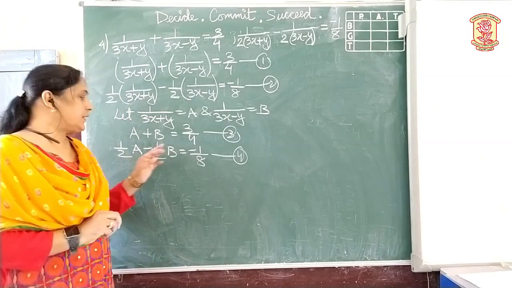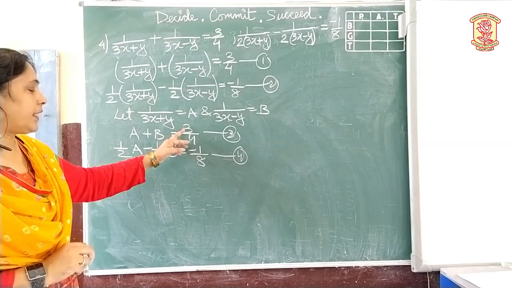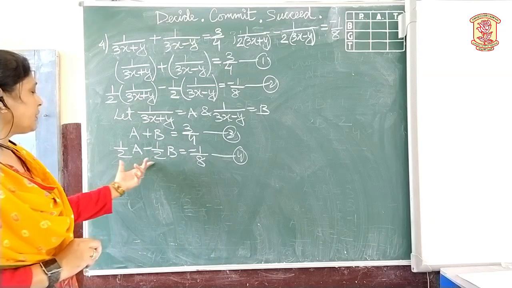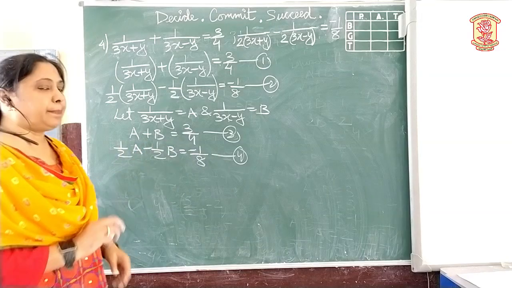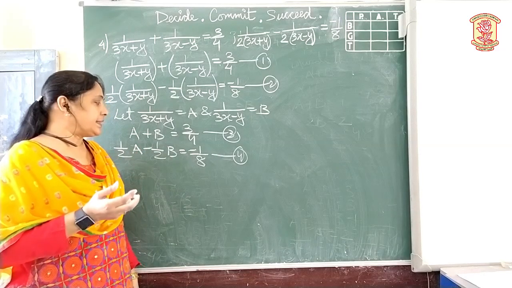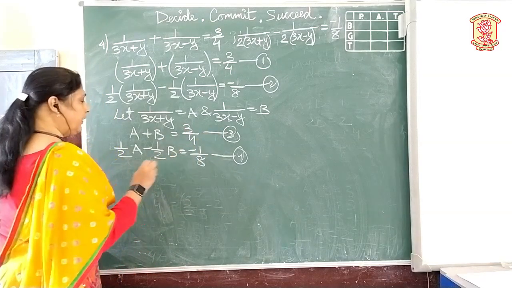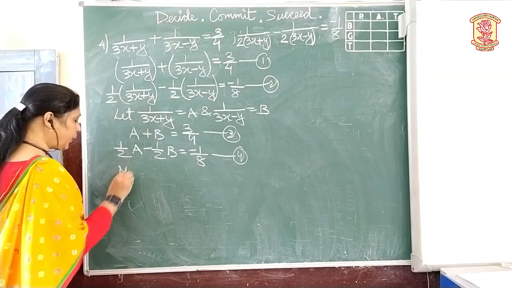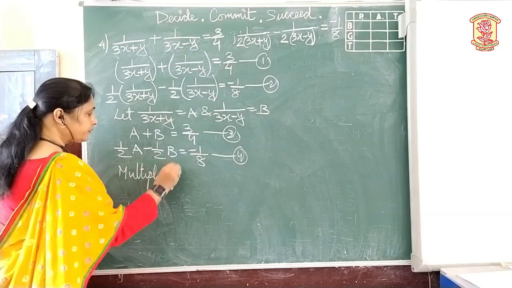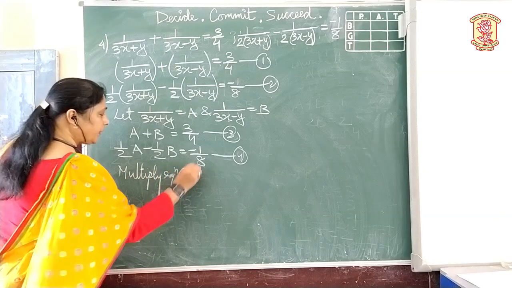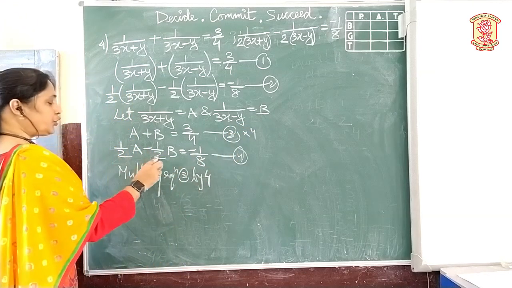Now here if you observe, we are getting the numbers on the right side in fractions, and so also here in the fourth equation. So what we'll do is multiply the equation by the LCM so that we convert it into a whole number. The third one we will multiply by 4, and here the denominators are 2, 2 and 8.